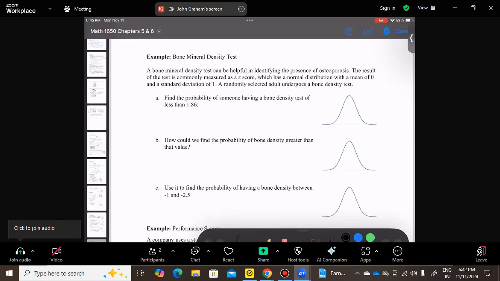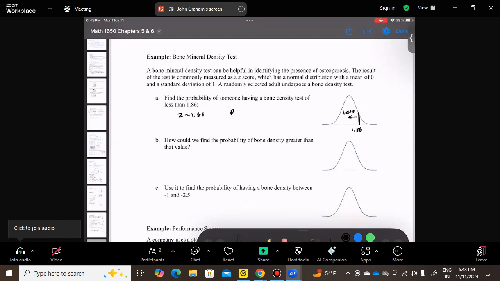That makes it the standard normal distribution. Alright, and so a randomly selected adult undergoes a bone density test. Find the probability of someone having a bone density test of less than 1.86. So 1.86 is on the positive side. We want less than that, so we want the area to the left. Right, so z equals 1.86.